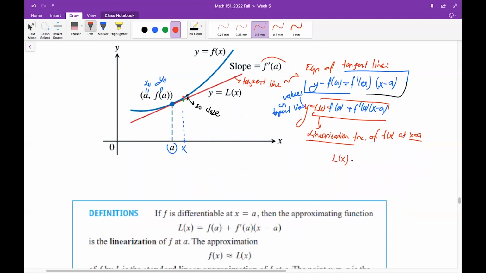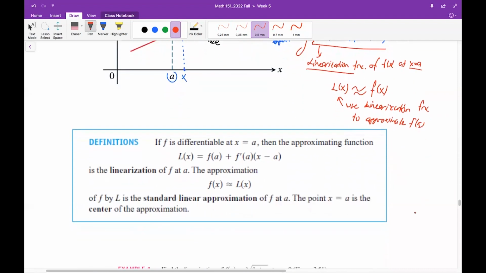The importance comes from the fact that the values of the linearization function, which is the same as the tangent line, are so close to the actual values of our function. So we will use the linearization function to approximate the values of the original function.